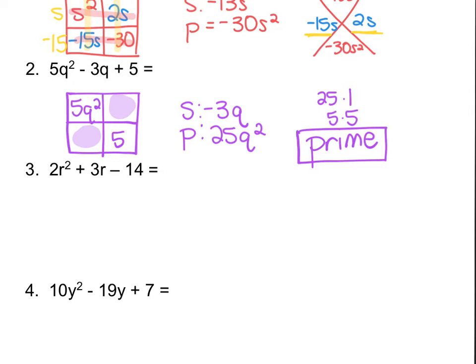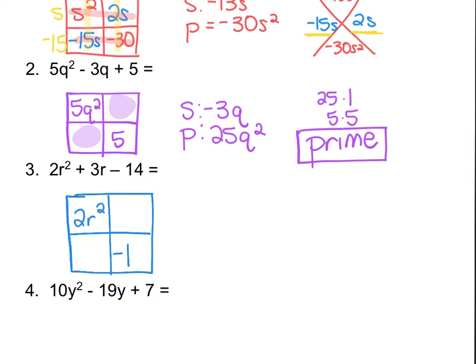So number 3, I am going to draw my box and put 2r squared in the top left and negative 14 in the bottom right. And then I know that I want a sum of 3r, and I need something that multiplies to negative 28r squared.